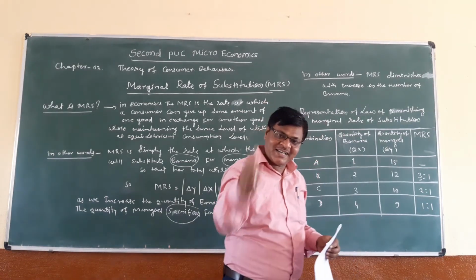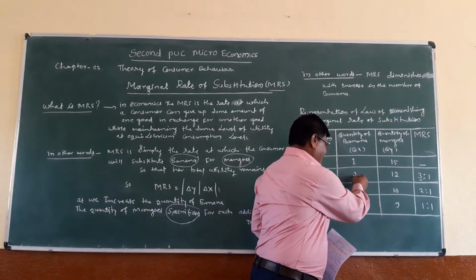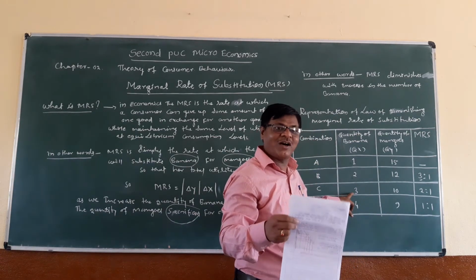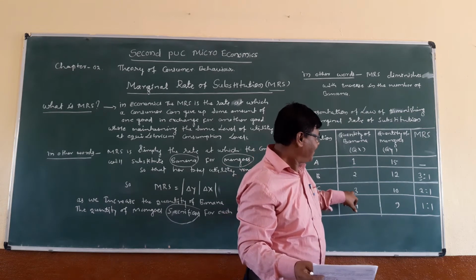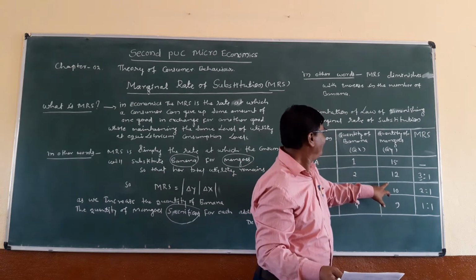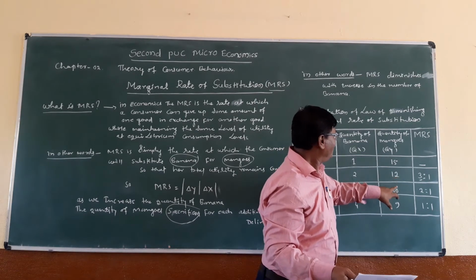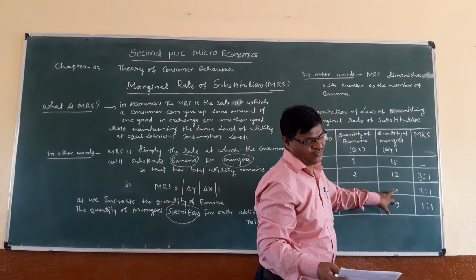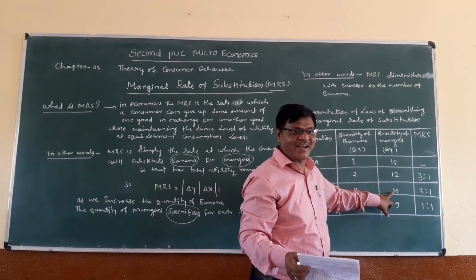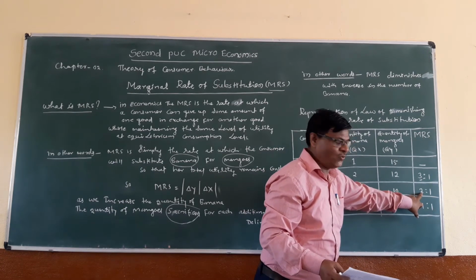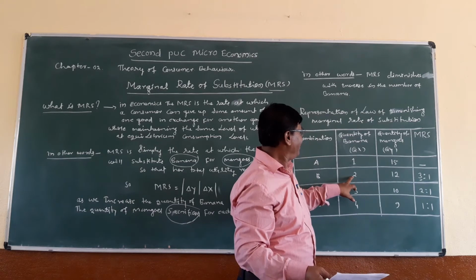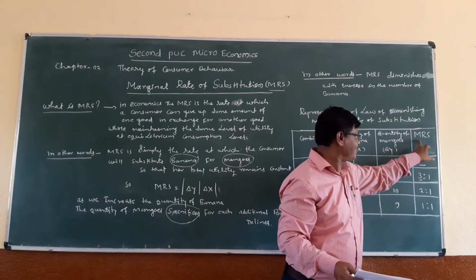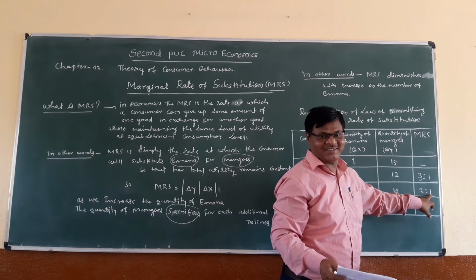As the consumer increases banana from 2 to 3, one more banana, the mango sacrificed is from 12 to 10. How much is the difference? It is 2. Two mangoes are sacrificed by the consumer, and banana increased by 1. The marginal rate of substitution is 2:1.